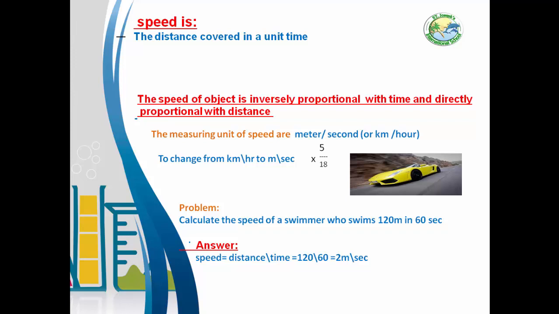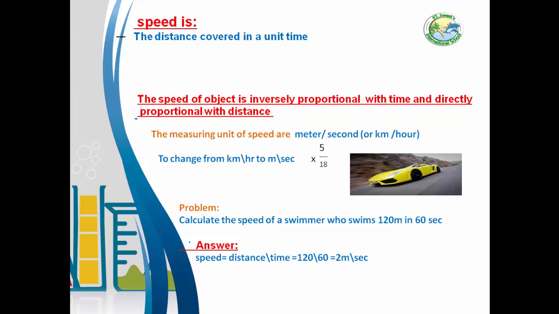Let us revise. Motion is a change in the object's position as time passes relative to another object. The simplest form of motion is motion in a straight line in one direction. The train is an example of motion in one direction because it moves forward and backward and doesn't move upward and downward.